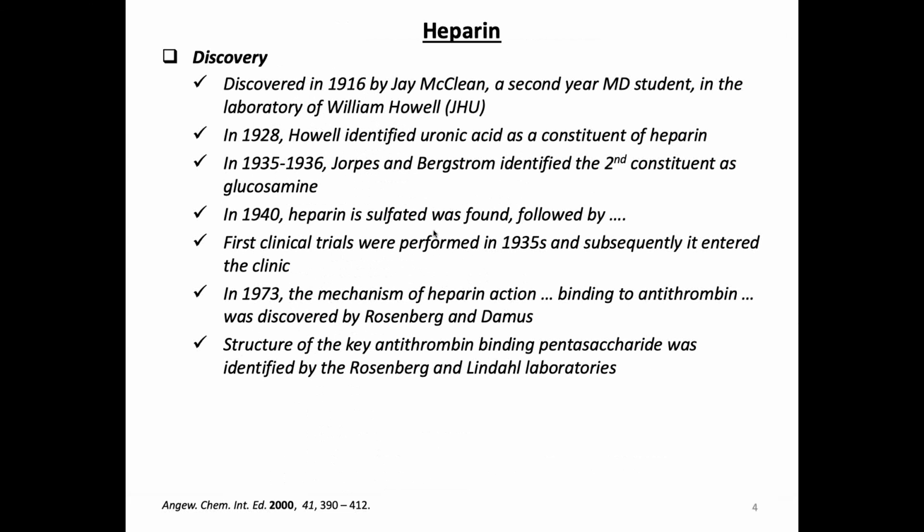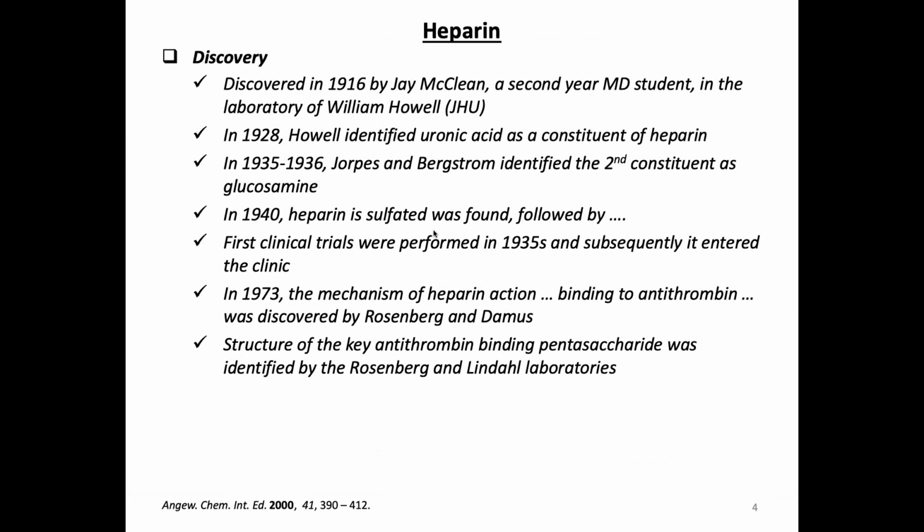So heparin has been with us for a very, very long period of time. Heparin was discovered in 1916, very close by at Johns Hopkins University, and they were actually trying to discover coagulants, and they discovered an anticoagulant, which is pretty interesting.